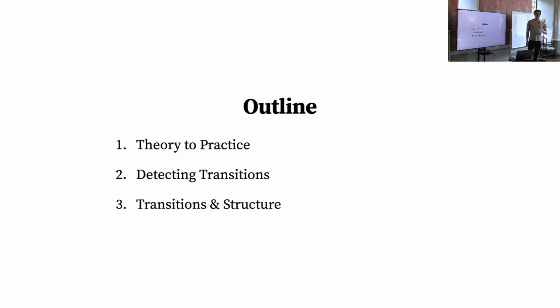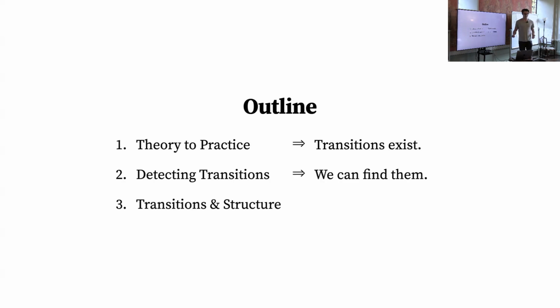So today I'm going to be presenting some early positive updates on each of these questions in a specific context of this family of regression transformers, which I'll explain in a bit. So in this context, yes, transitions exist. There are a bunch of them. We can find them using tools from SLT. Some of these transitions don't seem to be visible from the loss, so you need insights like the learning coefficient to find them.